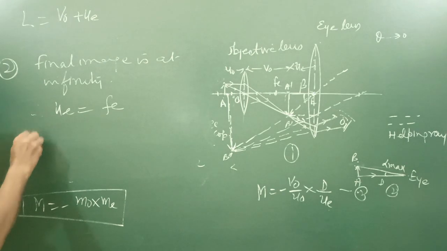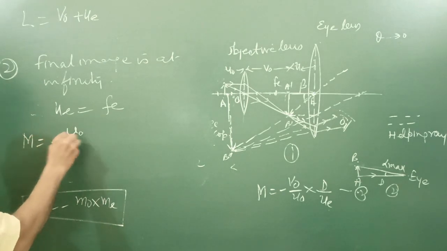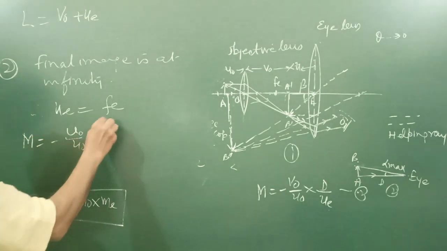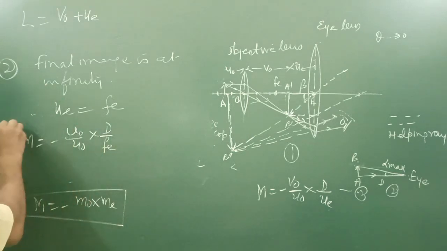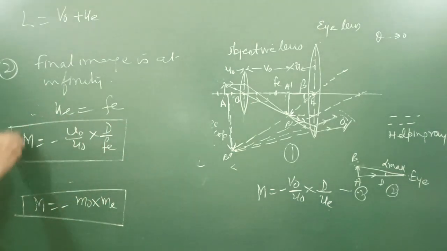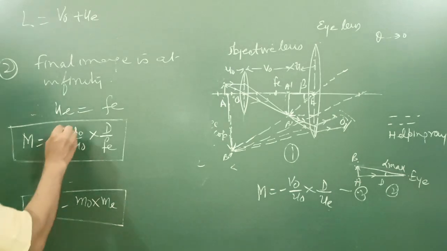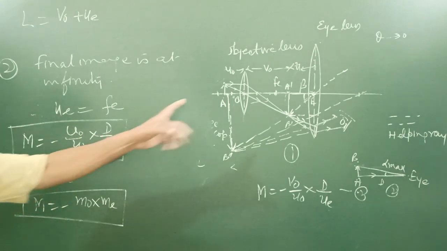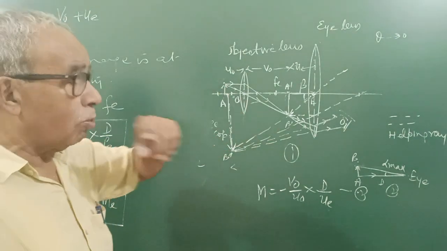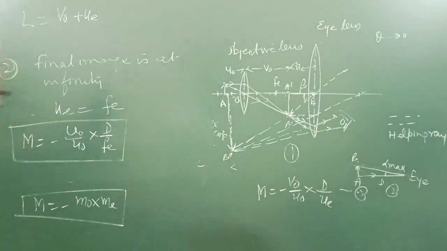Then M is equal to minus VO over UO into D upon FE. This will be the least magnifying power of the compound microscope.